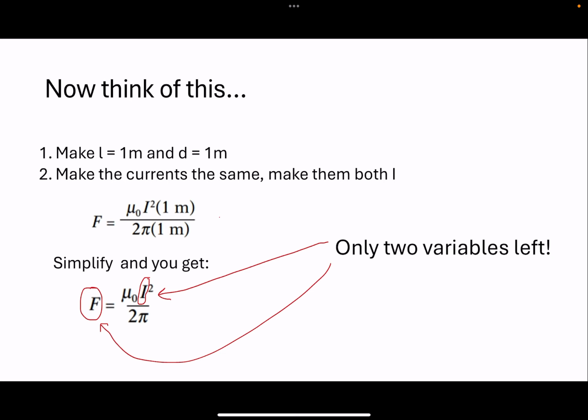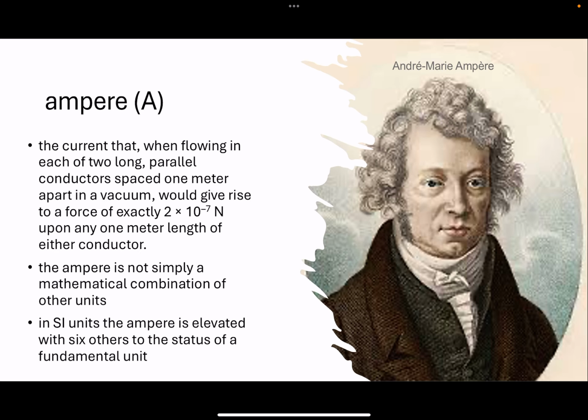And since the force and the current are the only 2 remaining variables under these conditions, what does that mean for us? Well, this is what amperes start to think about. The relationship between them allows us to define a unit of current in terms of a specific quality of force. It's relating current and force together.